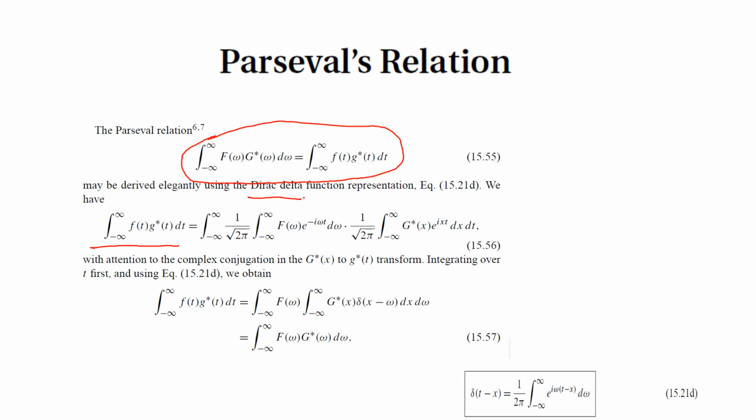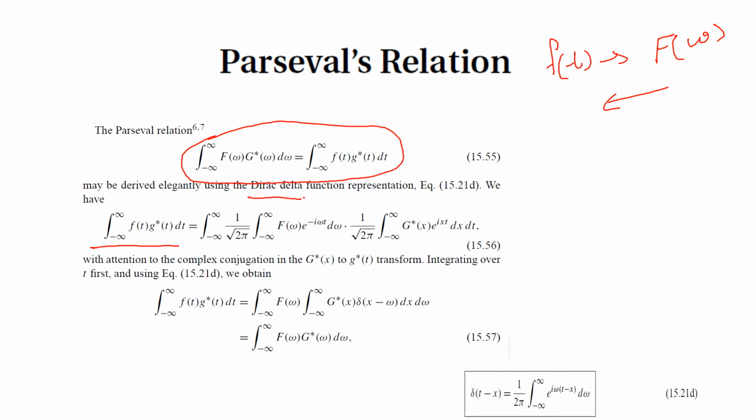Now, if f of t is a function with its Fourier transform f of omega, then what is the inverse Fourier transform of f of omega, that is f of t?